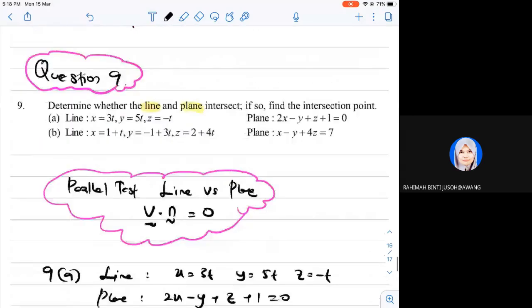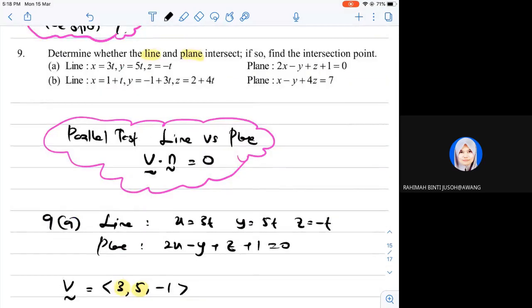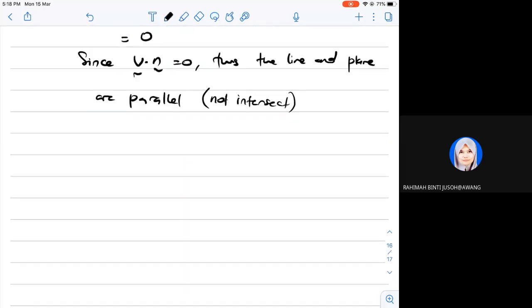So kita buat soalan B lah. Sebab saya nak ajar cari intersection point. Okay, look at question B. Equation 9b.